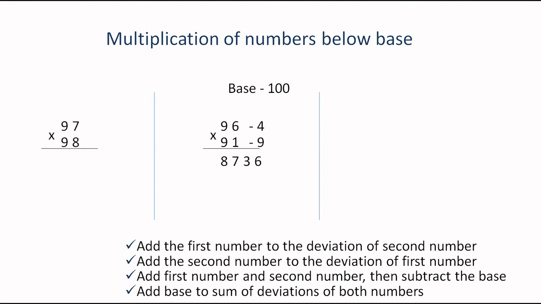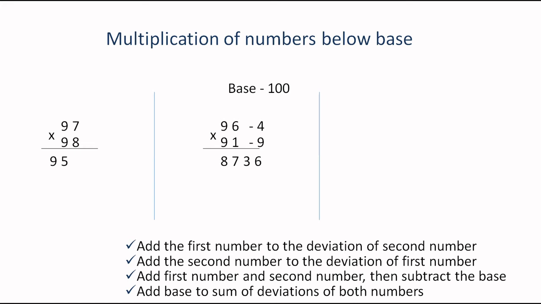Now let us look at what we have to do when, after multiplying the deviations, there are fewer digits than the base. If I take these two numbers, 97 into 98, the deviations are minus 3 and minus 2. If I do the first number 97 plus the deviation of the second number, that is minus 2, 97 minus 2 is 95. That has given me the first part of the result. And the second part is to multiply the deviations, minus 3 into minus 2.